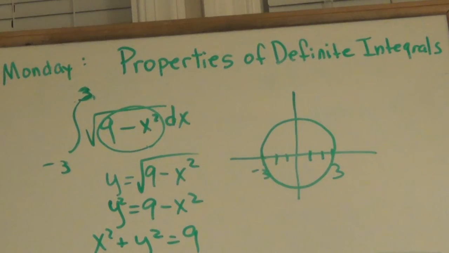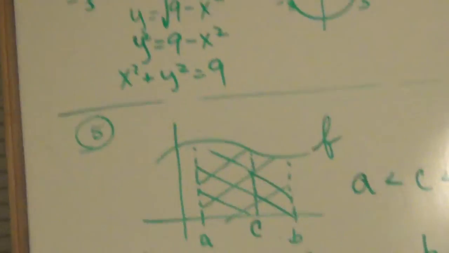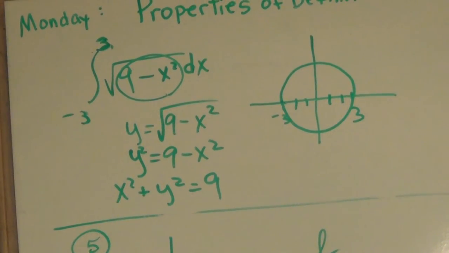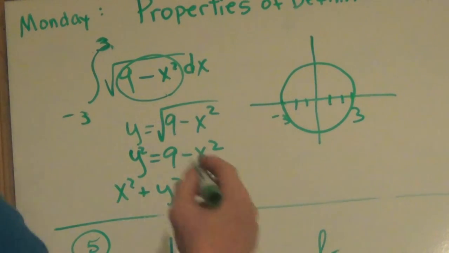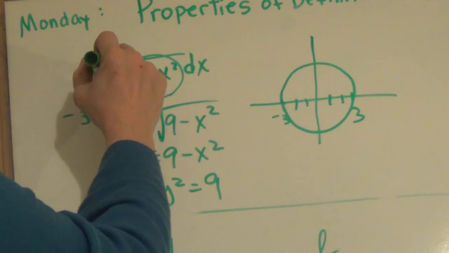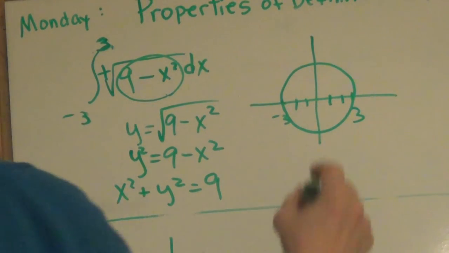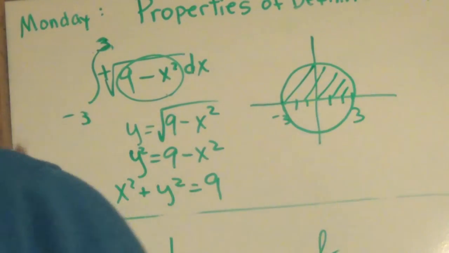Does that show up? Yeah, I'll just bend it down just to make sure. Alright, now we can come up with the integral, because the integral is the area under the curve. And because this is not minus, it's indicating it's just the positive square root. So we're really only looking for the part above the x-axis.